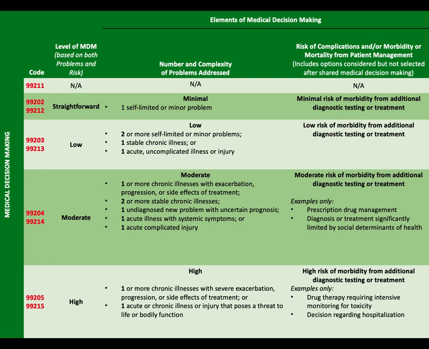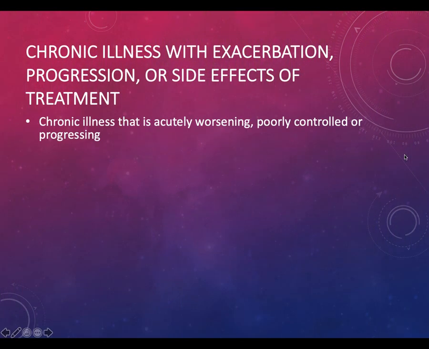Next is chronic illness with exacerbation, progression, or side effects of treatment. A chronic illness with exacerbation, progression, or side effects of treatment is acutely worsening, poorly controlled, or progressing.